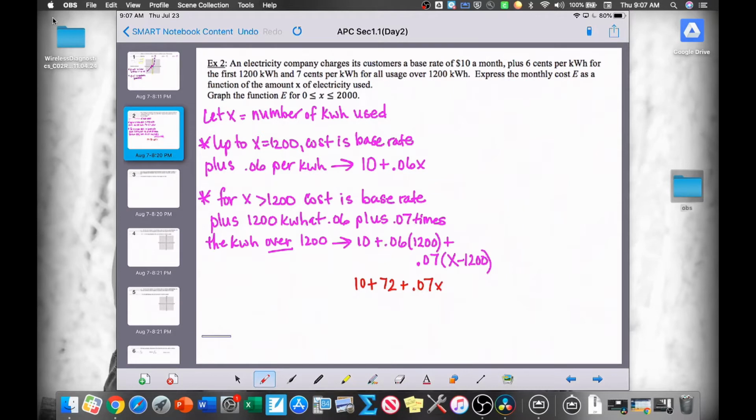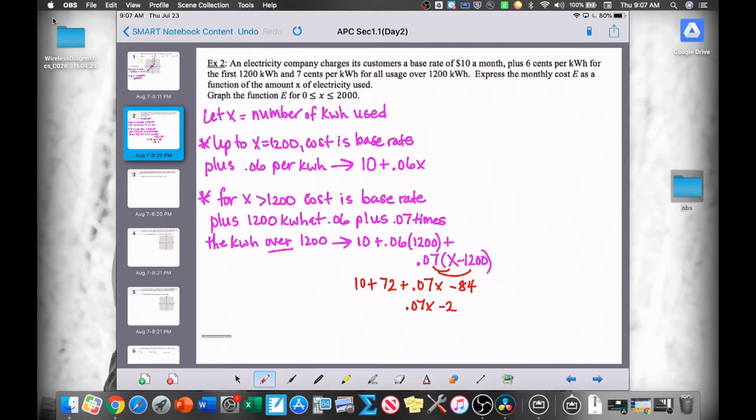And then don't forget we're distributing right here, okay? And then 0.07 times 1,200 gives me 84. So minus 84, okay? So 10 plus 72 would be 82, and then 82 minus 84 would be a negative 2. So when we combine like terms here, we end up with 0.07x minus 2. Okay, so that is going to be the equation for x greater than 1,200.